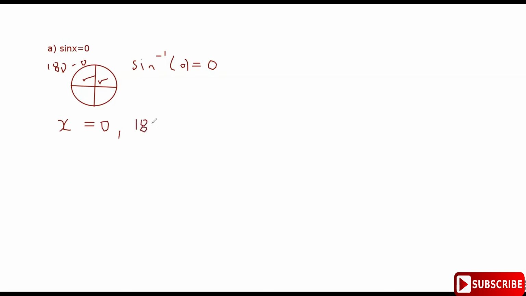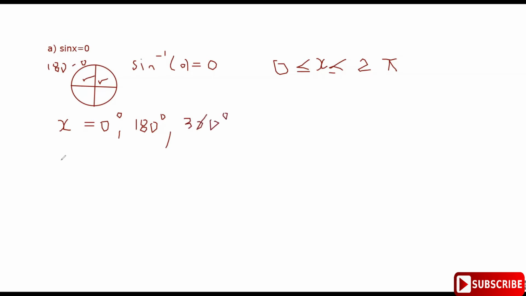All right. But they told us that x was supposed to be between 0 and 2 pi. So since x is between 0 and 2 pi, we can spin around the circle one more time. So what that means is if you spin around the circle one more time, add 360 to 0, you get 360 degrees.